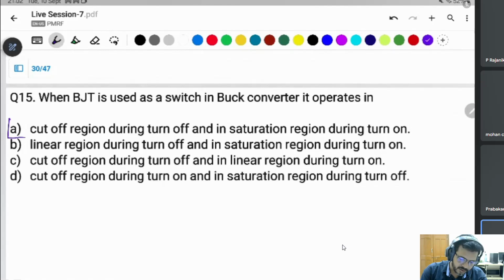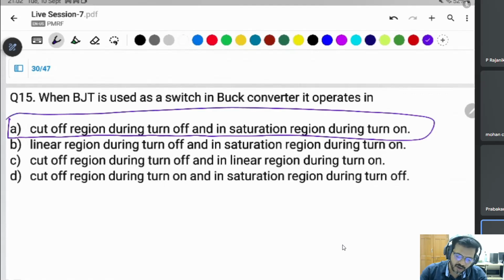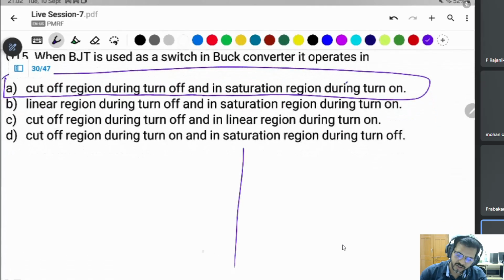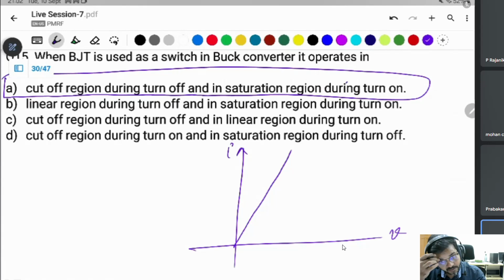The answer is cutoff and saturation. It is in cutoff when the switch is off, and when the switch is on, it uses saturation. In the linear region, voltage and current are linear in a BJT. That's why it is used in the saturation region.